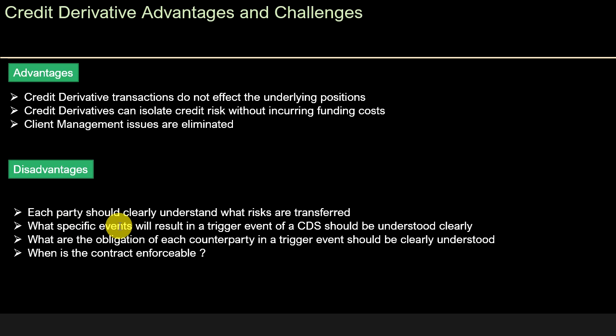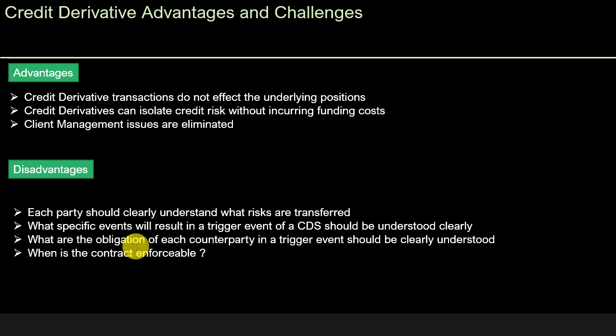Also, what specific events will result in a trigger event of a CDS should be understood clearly. For example, is the trigger event a change in credit rating, or a delay in payment, or a change in one of the key balance sheet ratios, etc.? This should be clearly specified.